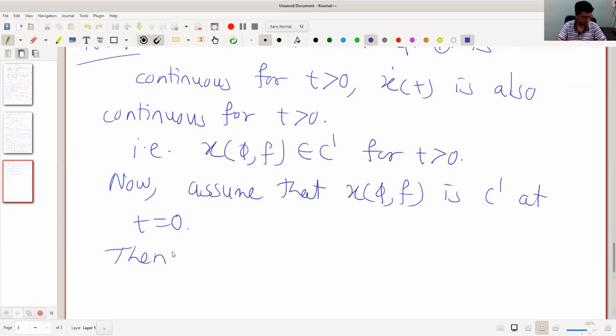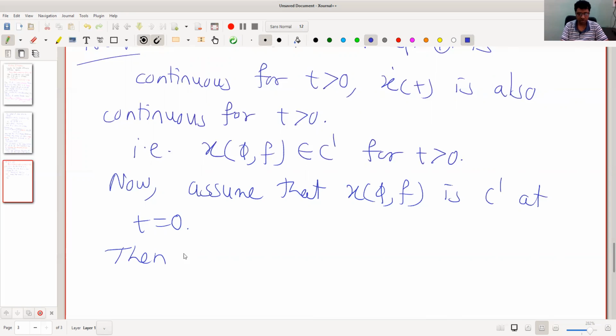Then this solution coincides with phi, okay, for t in the interval minus r to 0. So phi is also C1 at t equal to 0. Okay, that means we can find the derivative of phi at t equal to 0.